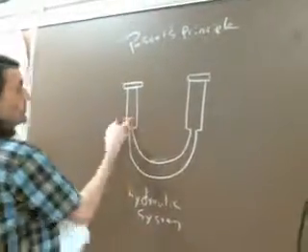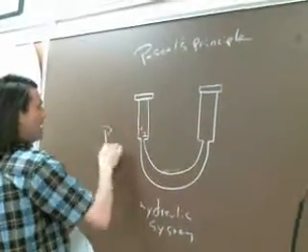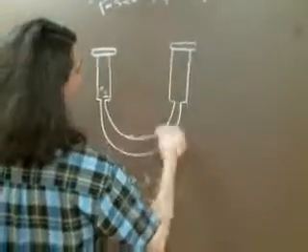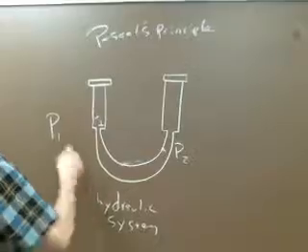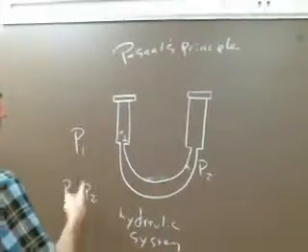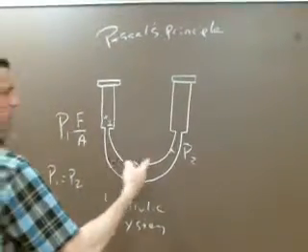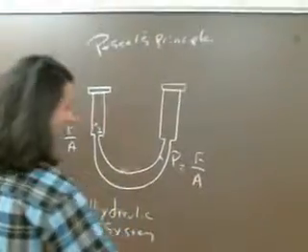So the pressure, just pick a spot, right there, spot 1. The pressure at location 1 is equal to the pressure anywhere else, say there, spot 2. And so P1 is equal to P2, which means the force divided by area is equal to the force divided by area.